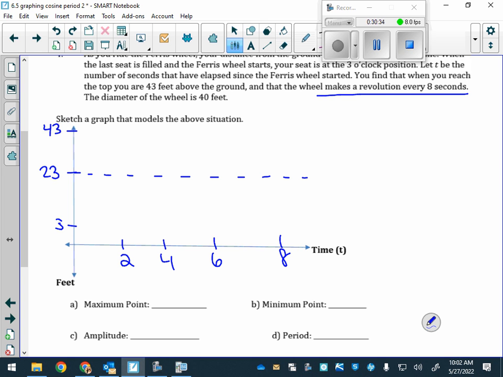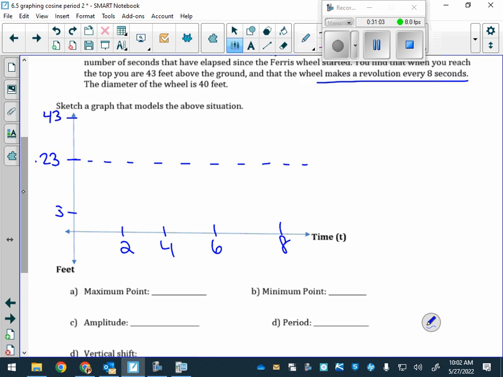So 8 divided by 4. Okay? Does everyone see how we got 23? Yes, for this. So 43, the diameter is 40. Half of that, the radius, is what? 20. 43 minus 20 gives you the 23. Yep, the amplitude is 20.